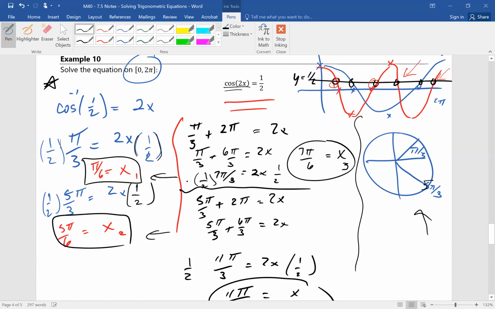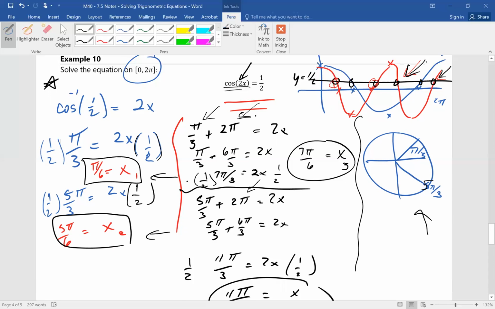For the other two, though, remember we had to consider the fact that we kept going around. So our first answers, if we did another iteration and went around another time, notice plus 2 pi in each case. And really, if this number is a 2, then you're going to have to go around 2 times. If it's a 4, you're going to have to go around 4 times.